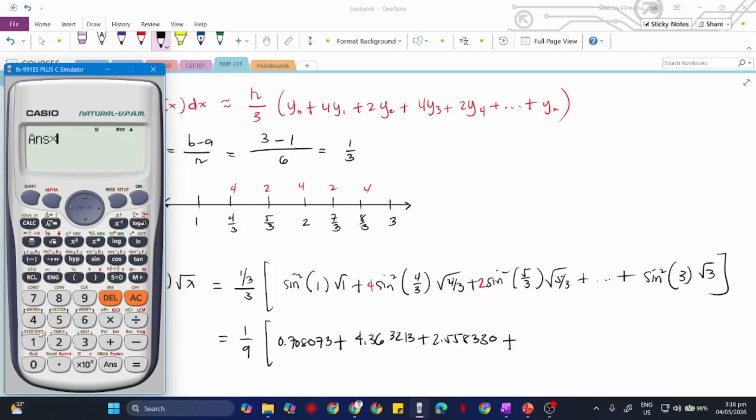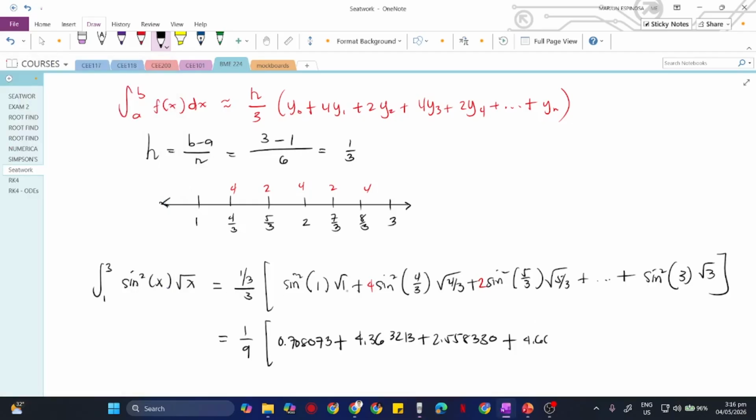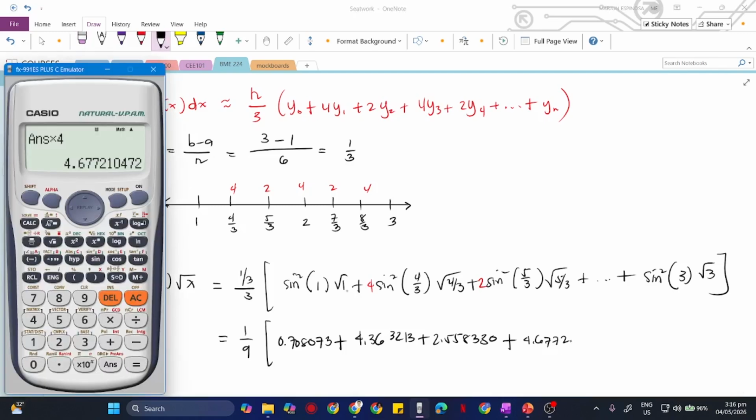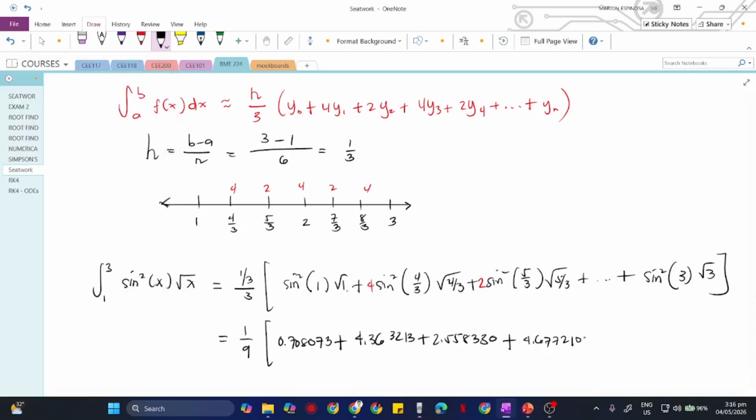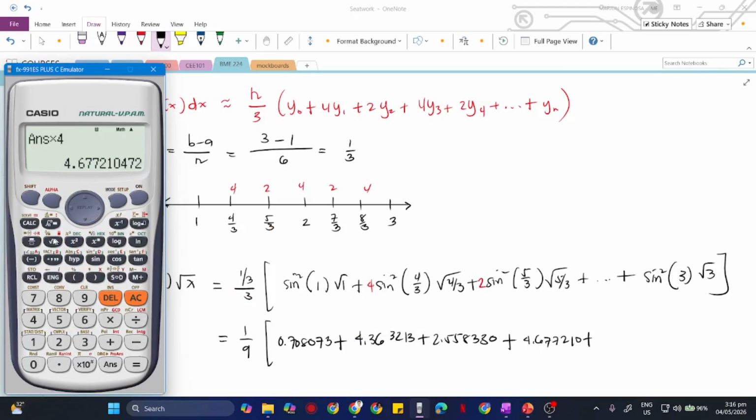Then, that is to be multiplied by 4. So, you will get 4.677210. Okay, plus, okay, balik tayo dun ulit. Calc, this time, 7 divide 3 na tayo. 7 divide 3. And then, that is to be multiplied by 2.